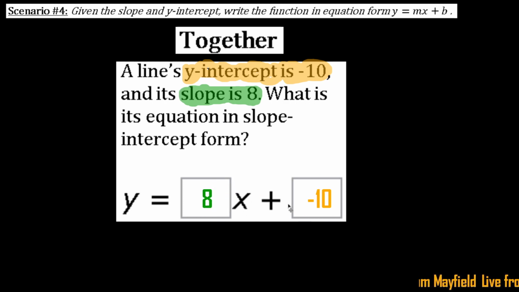Again, if you wanted to instead have the minus and then say 10 right there, you certainly can. But you want to make sure that you are including that negative. So if you were to say plus 10, that would be incorrect. So it's going to be y equals 8x plus a -10, or you could say y equals 8x minus 10. Either way would work.